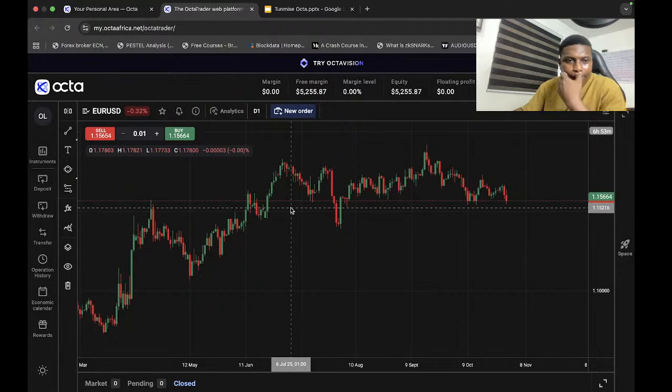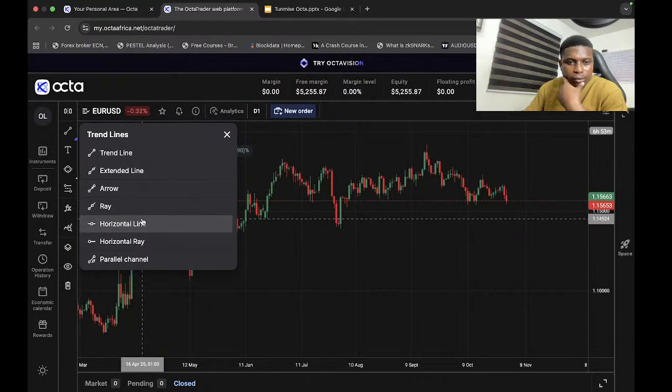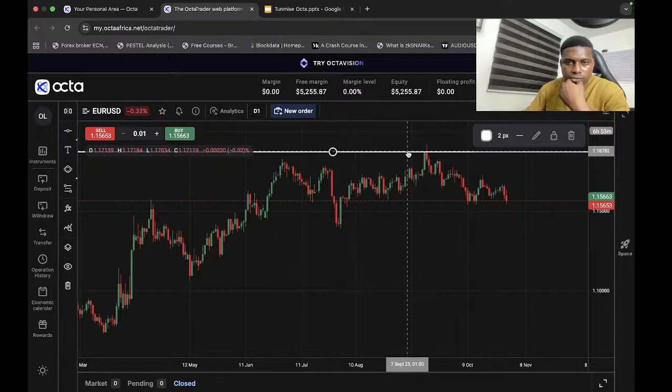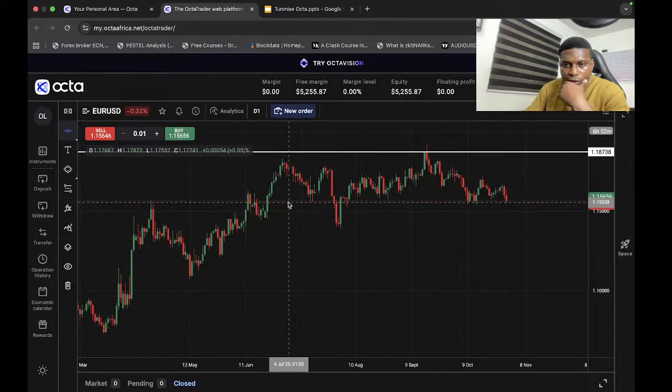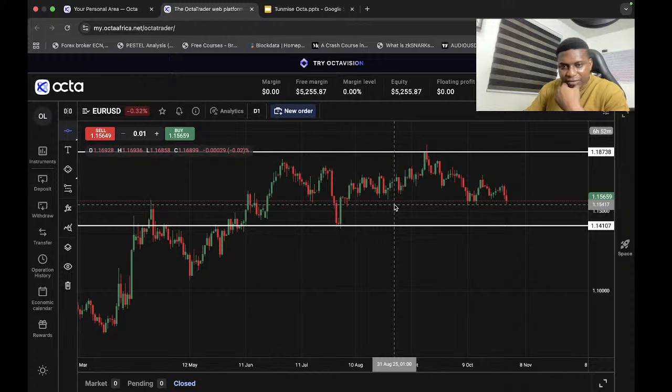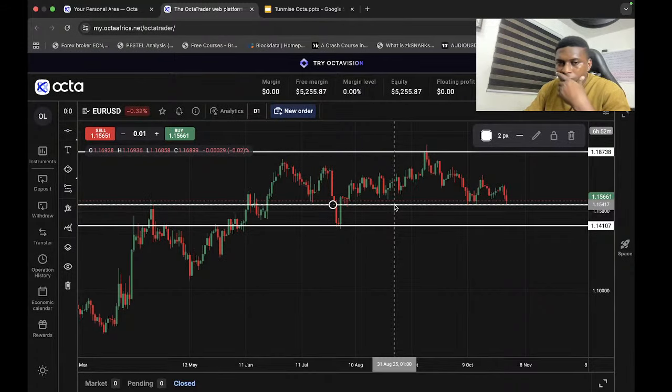Here, we're going to map out levels of support and resistance. So here we've mapped out this level of resistance. We've also mapped out this level of support. We've also mapped out a level of support here likewise.